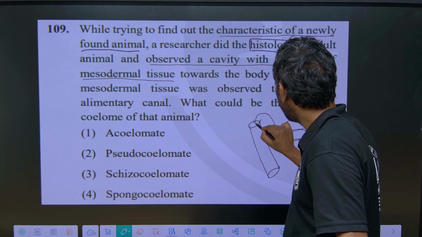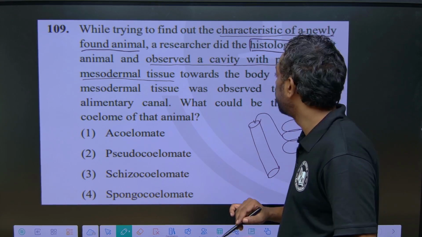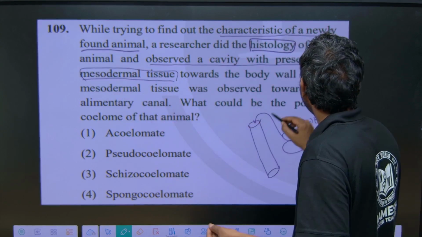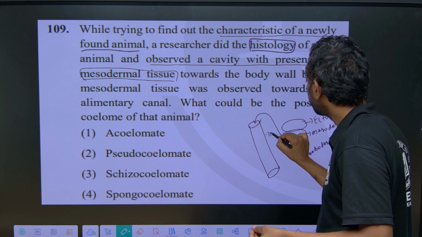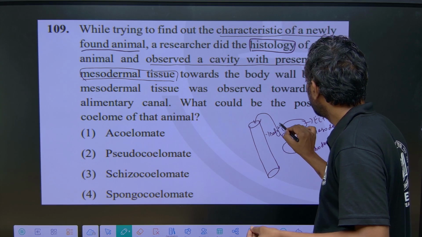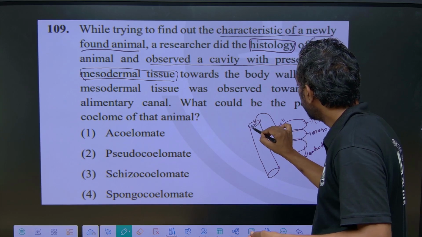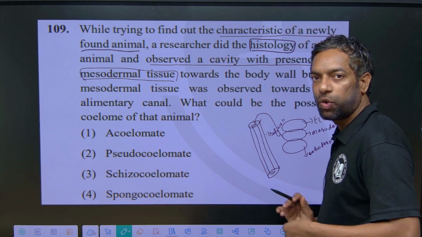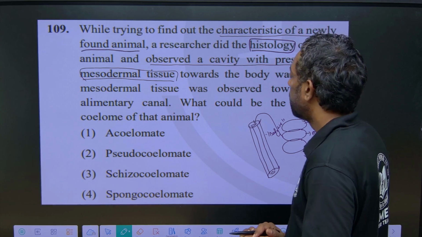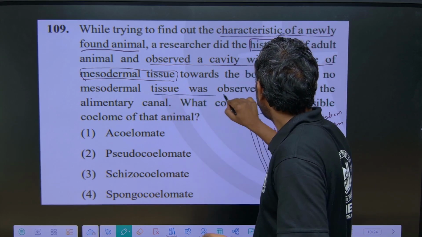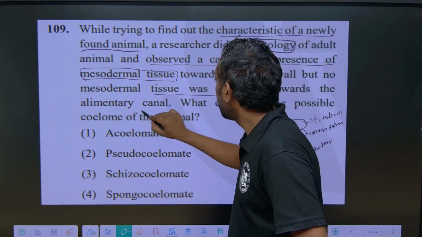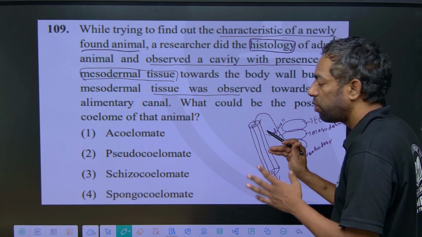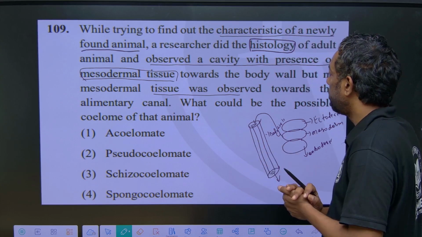The mesodermal origin is the body cavity, where tissue is produced mesodermally towards the body wall. This is the body wall. There is a cavity which is mesodermally produced, a tube within a tube, but the tissue was not observed towards the alimentary canal. This is the alimentary canal. Tube within the tube, that is the alimentary canal.